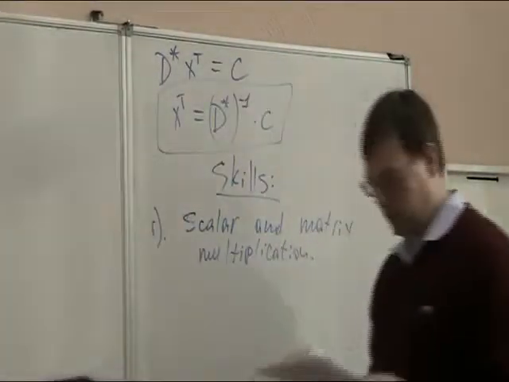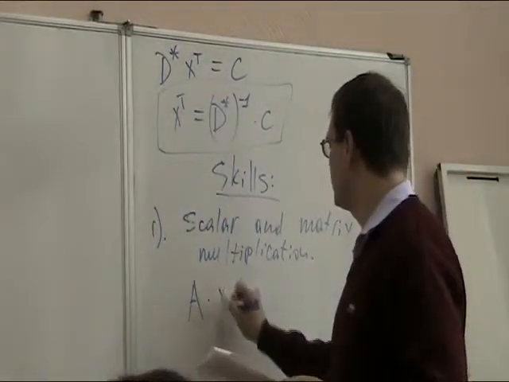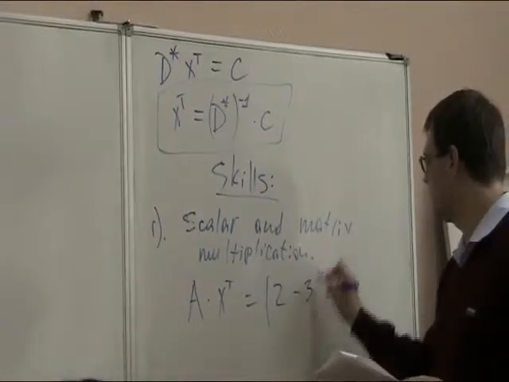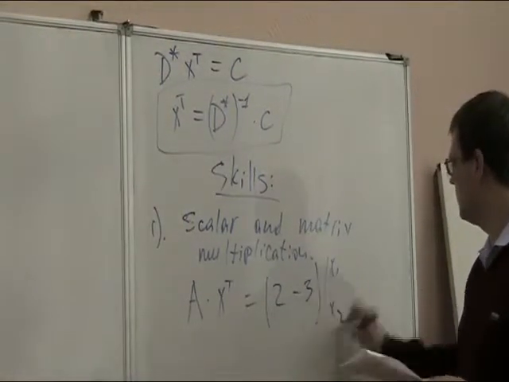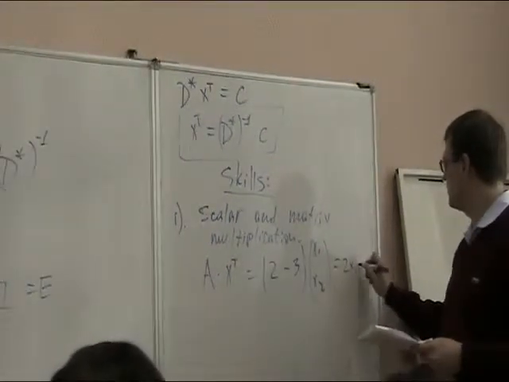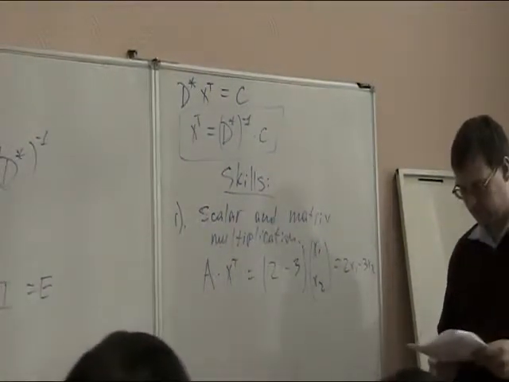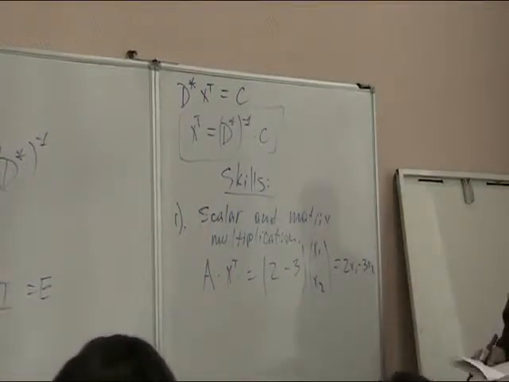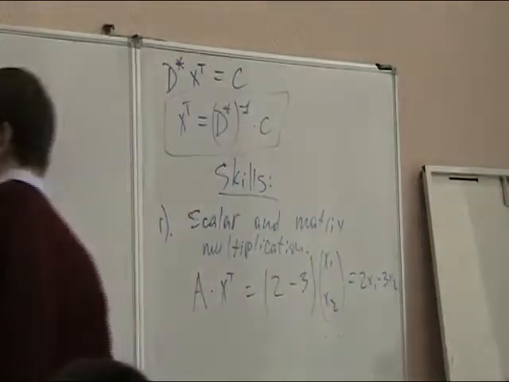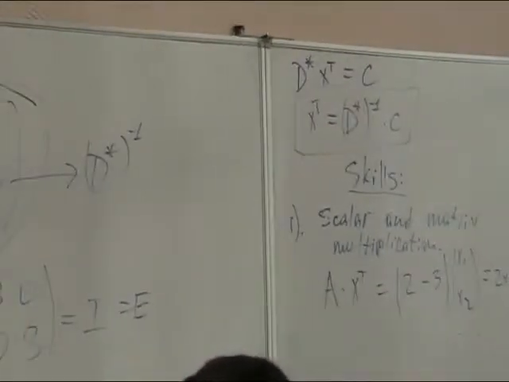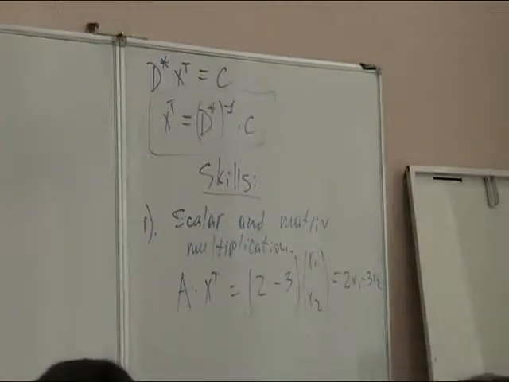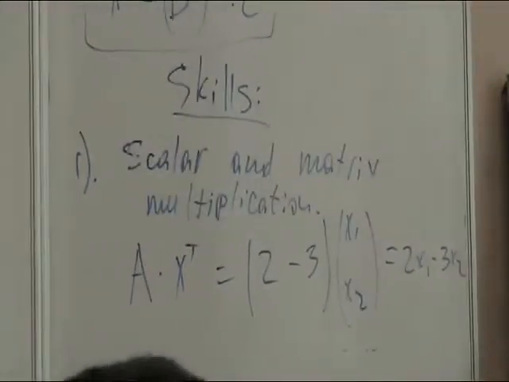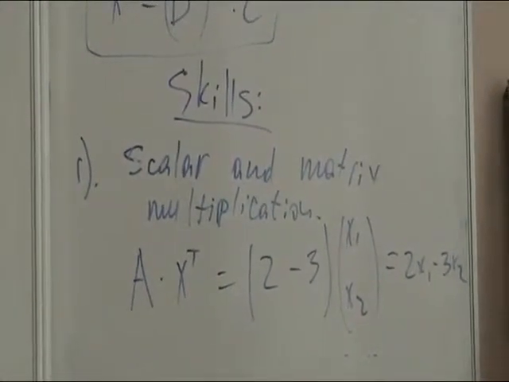The matrix multiplication was used over here. A times X transpose, which is 2, -3 times x1, x2, which is 2x1 - 3x2. That was multiplication of two vectors.